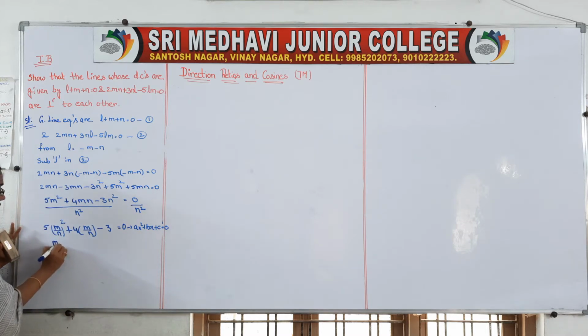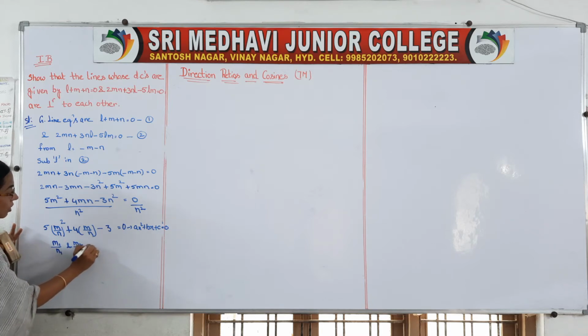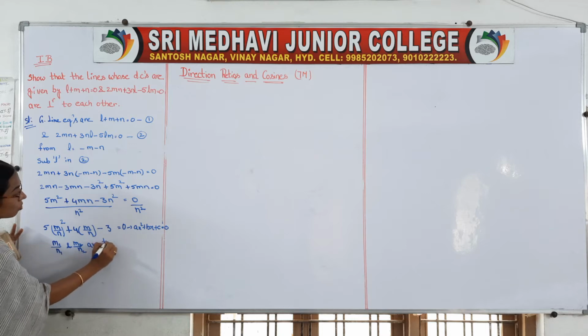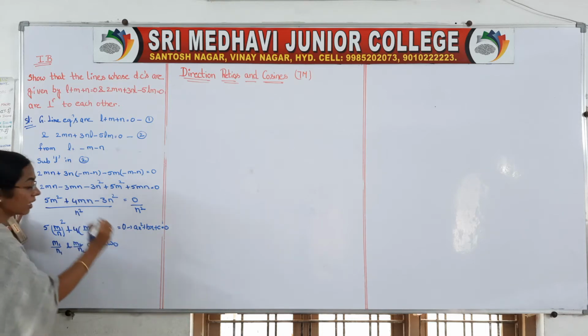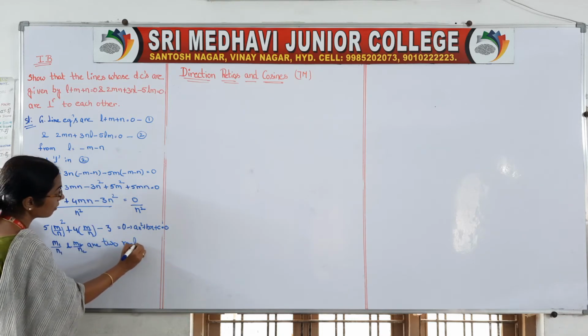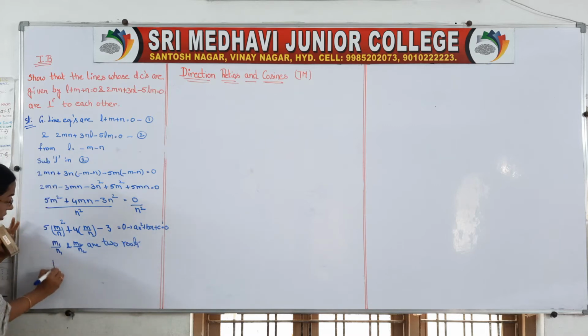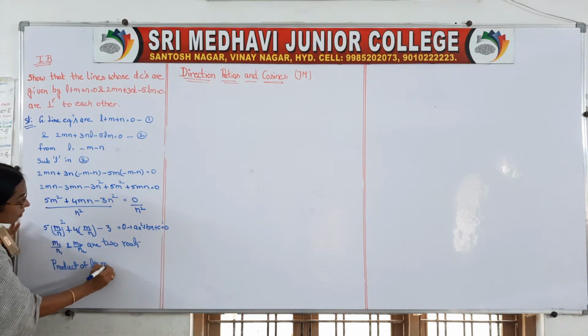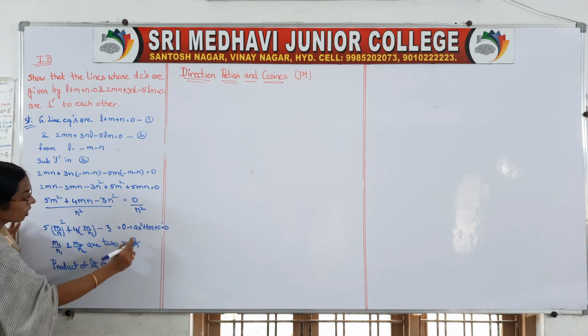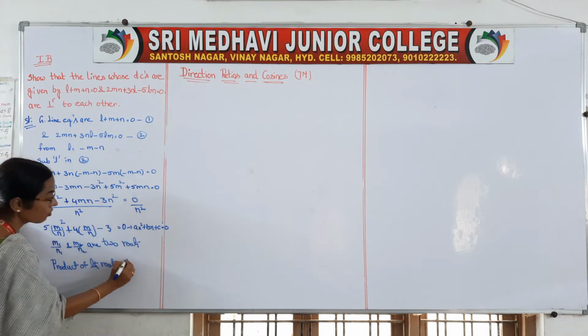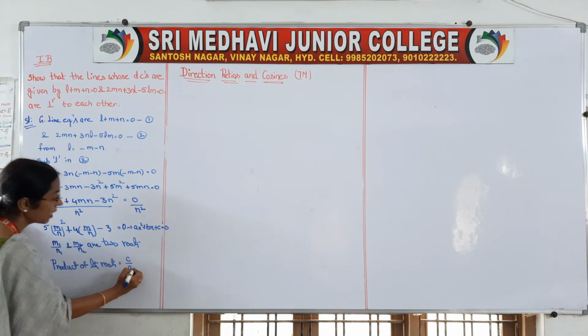So you take the first root as m1 by n1 and m2 by n2 as the 2 roots, right? Now you take the product of the roots. What is the formula?